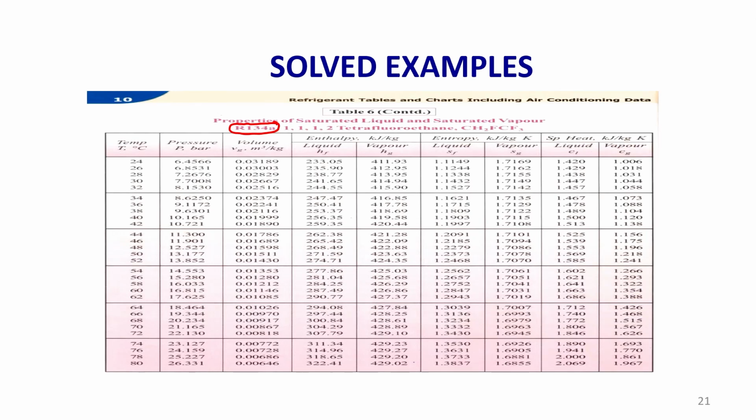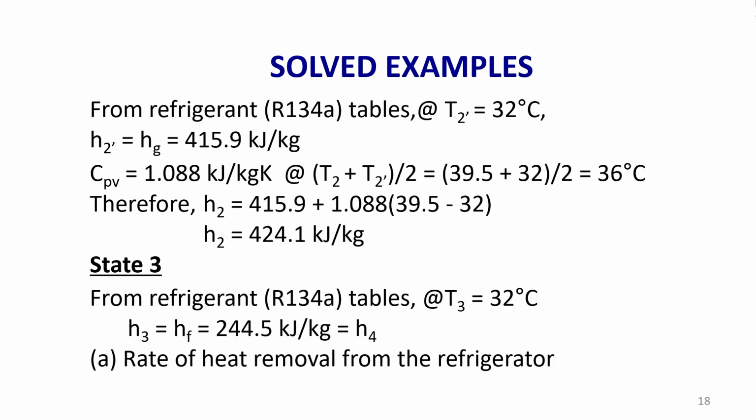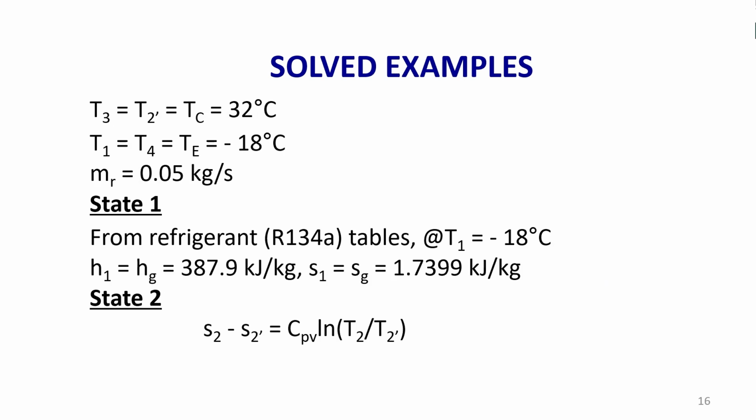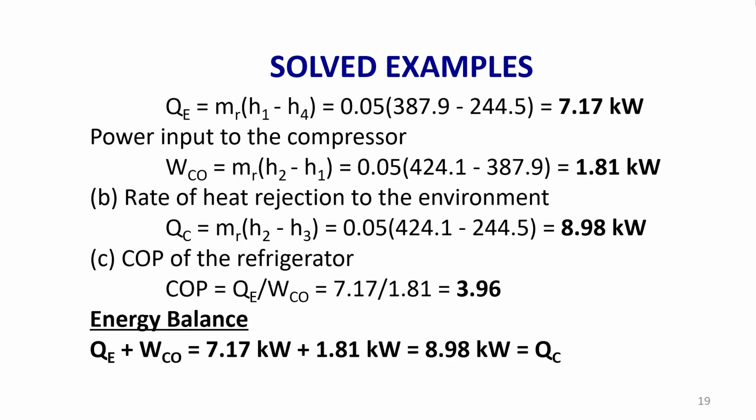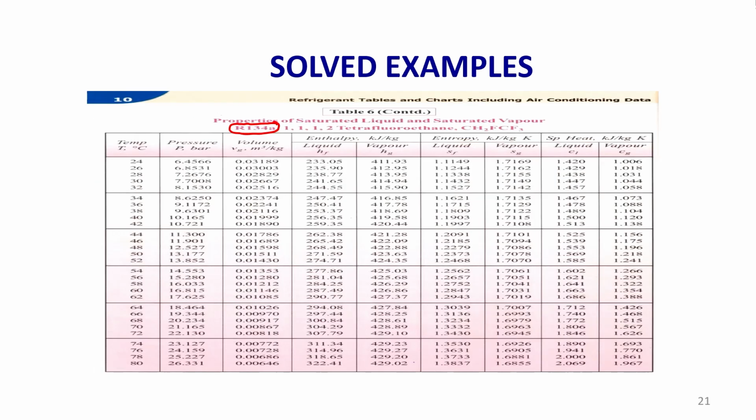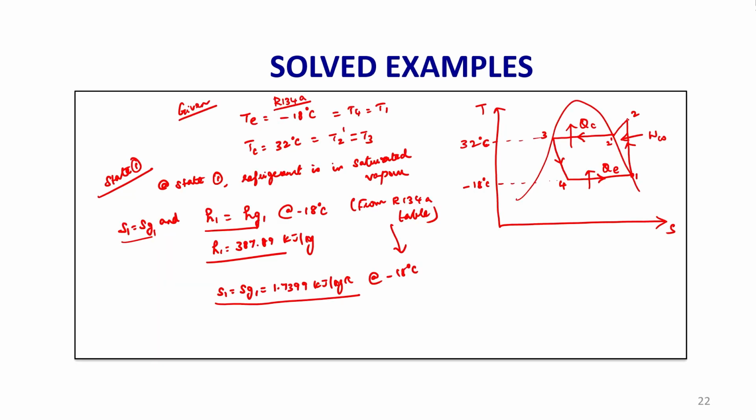So, at state point 1, I have found the enthalpy and entropy of the saturated vapor. If you look at the diagram, state point 2 is in the superheated state.